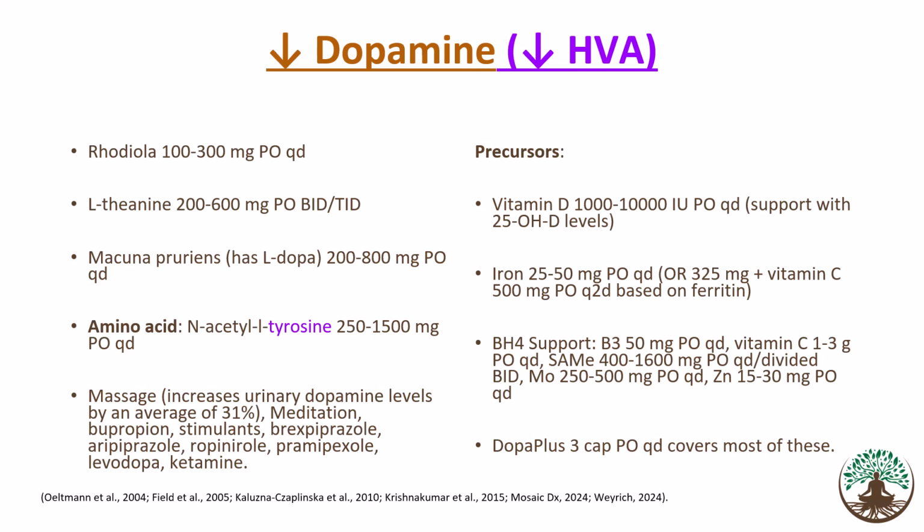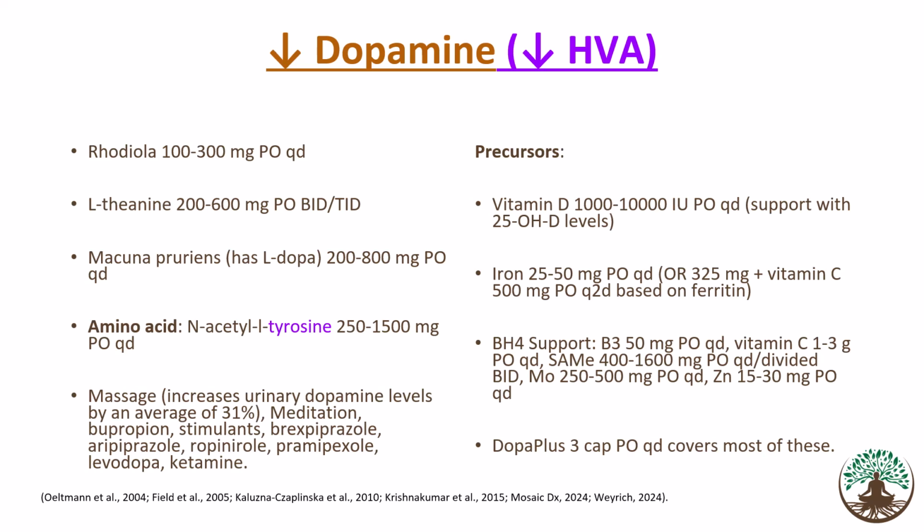Also, some of the precursors can be evaluated by general labs, and others are best tested by organic acid testing. In the best-case scenario, precursor support is guided by testing, but this may not always be the most cost-effective for the patient. If this is the case, general multivitamin preparations that cover most of these precursors is best.